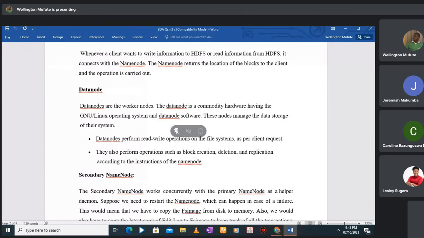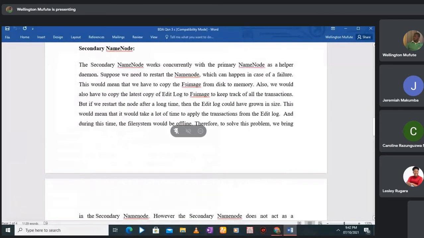So we have the secondary name nodes. The secondary name node works concurrently with the primary name node as a helper. And let's say, suppose we need to restart the name node, which can happen in a case of failure. This would mean that we have to copy the FS image from the disk memory.